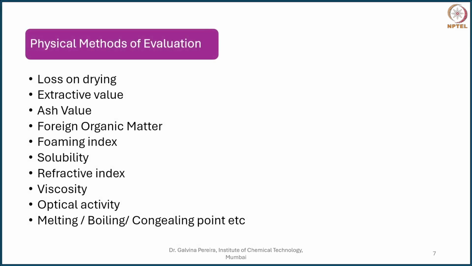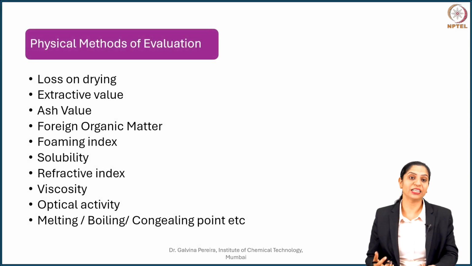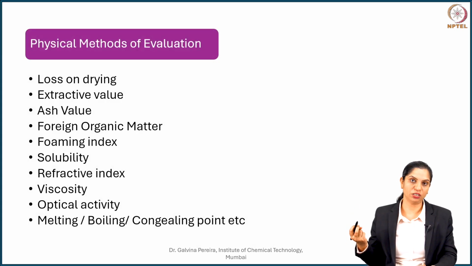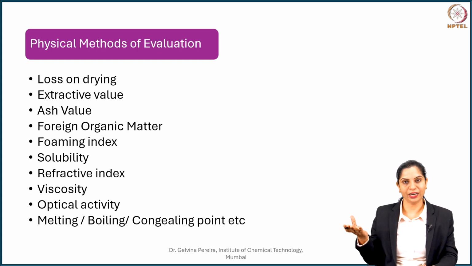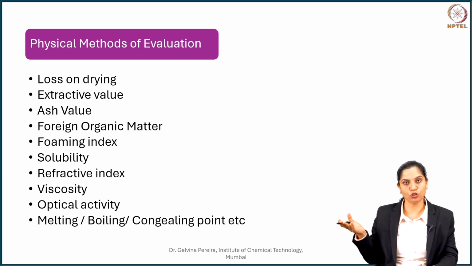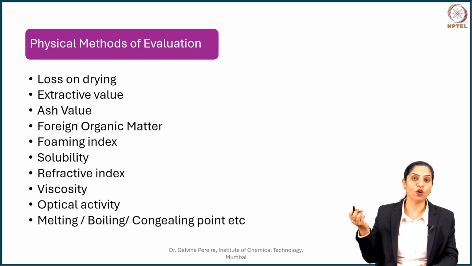Similarly, I can do physical methods. These physical methods are based on the physical attributes of the drug. There are drugs like carbohydrates which imbibe moisture, such as acacia or even certain gums. When I put it in an oven at about 105 degrees Celsius, the moisture goes off and there is definitely loss of weight.